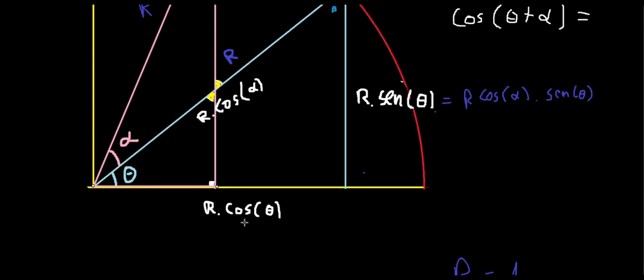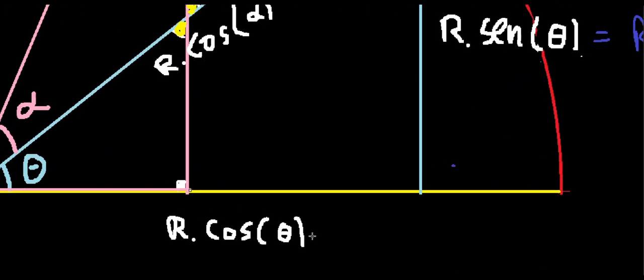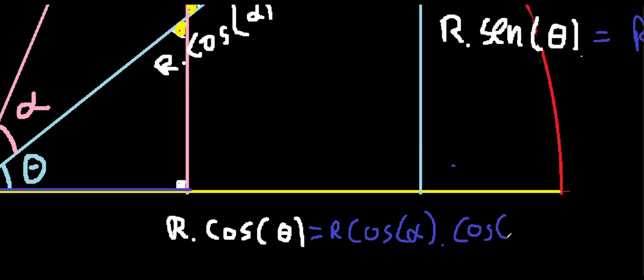So radius cos theta is equal to the blue radius cos alpha multiplied by cos theta.